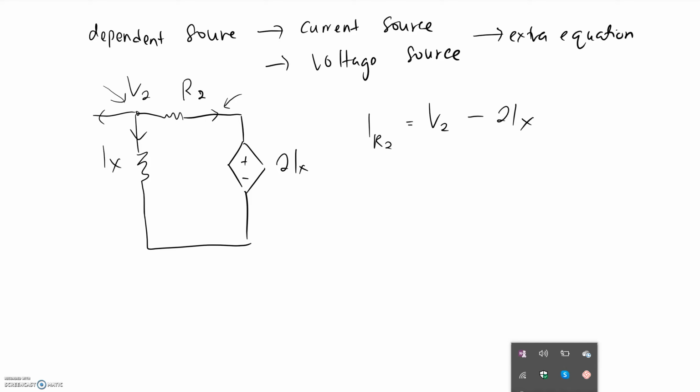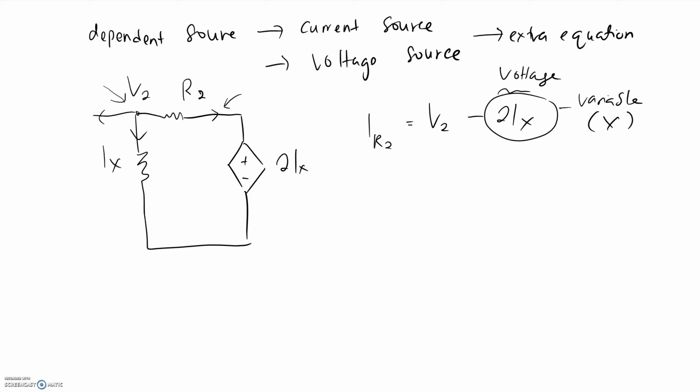Even though it returns in the Ix, this one is a voltage. The Ix is only a variable. Okay, this one is only a variable.